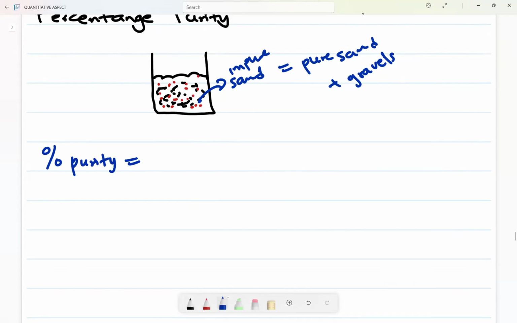So percentage purity is equal to mass of the pure divided by mass of the impure, and then you multiply that by 100. They will give you the impure, and then you need to use your ratio in a chemical reaction to find the mass of the pure, and then do this calculation.